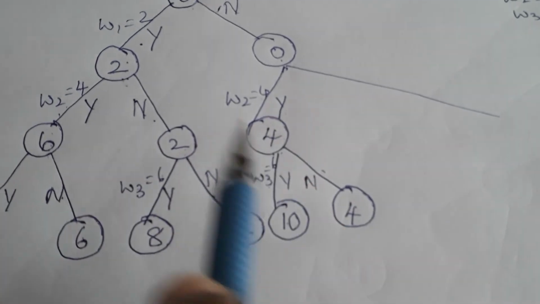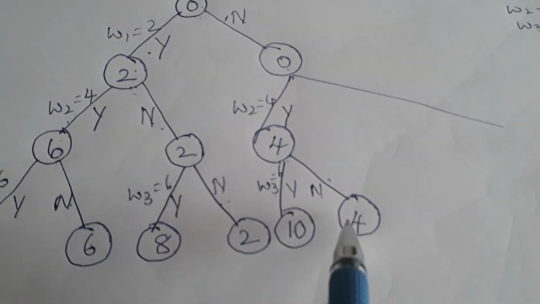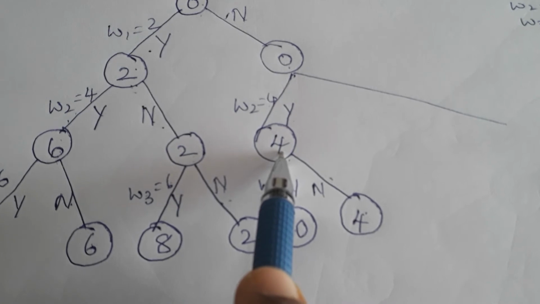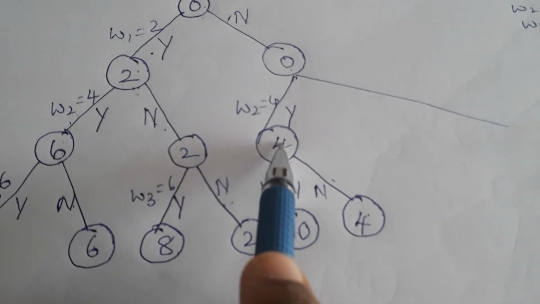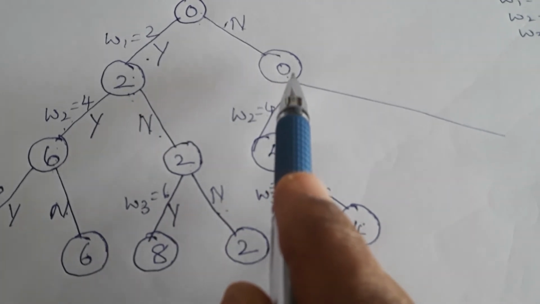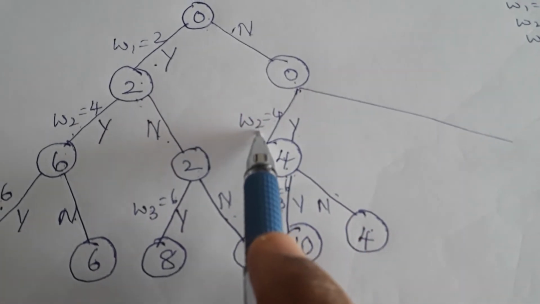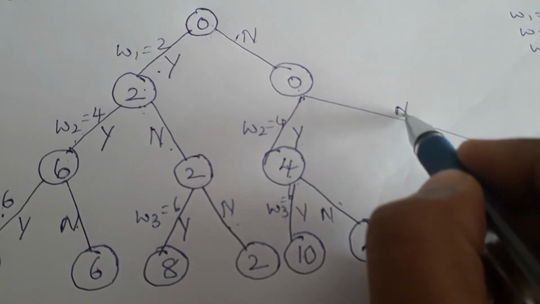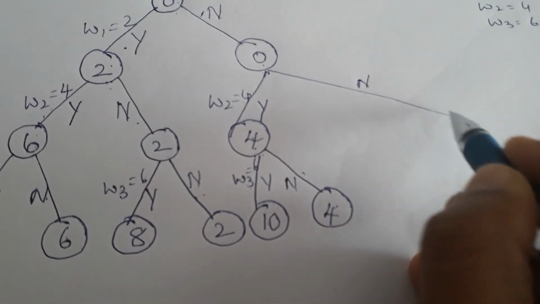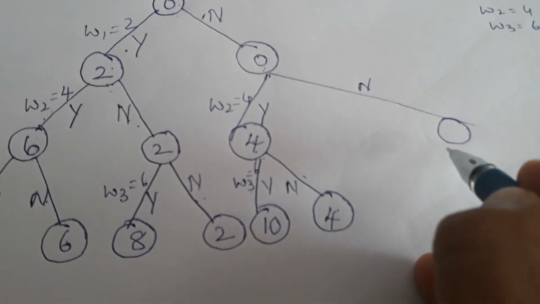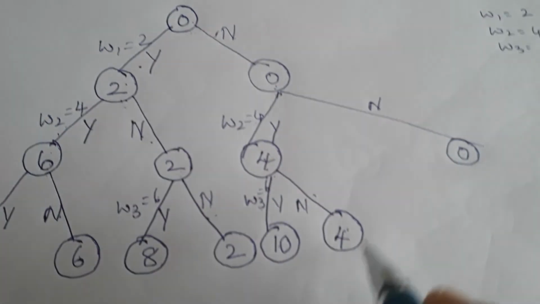Now we have finished all three weights in this path. Now we will backtrack to the parent at level 2, and also to the parent at level 1. At level 1 we have another option for w2, that is not considering w2 in the subset. So the resultant sum is 0 plus 0, which remains 0.